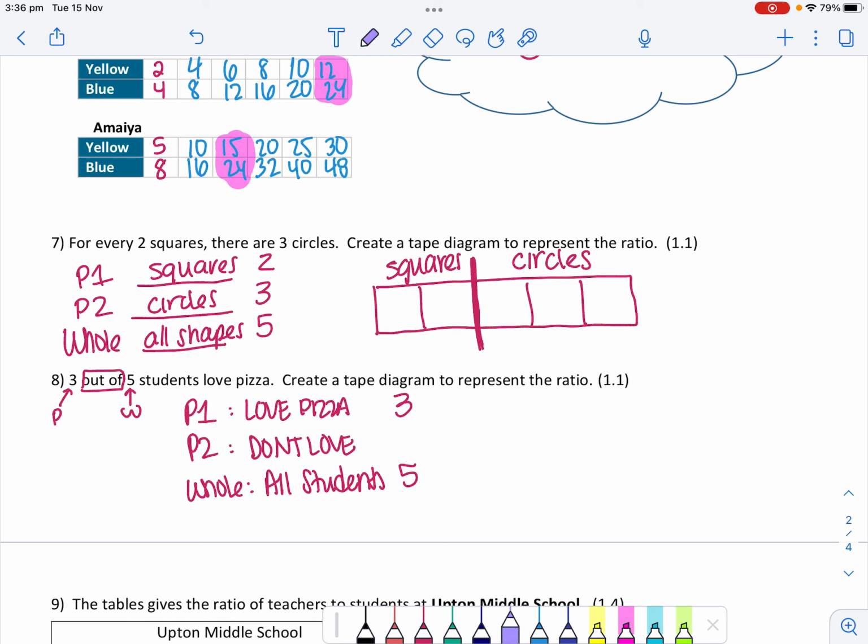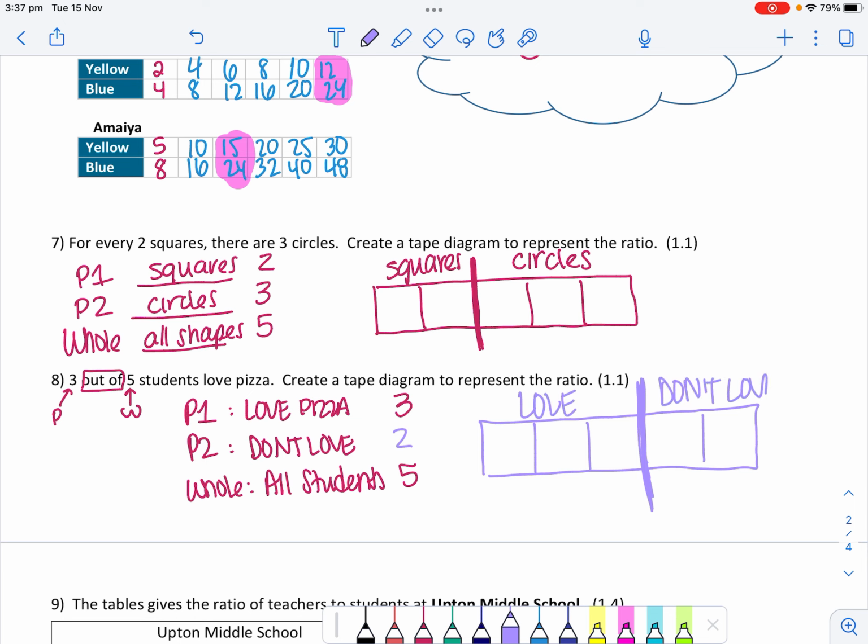That means 2 students don't. My tape diagram is still going to have 5 parts. This time I'm going to break after 3 because these students love pizza and these students don't love pizza. So those are my tape diagrams, part 1, part 2, and whole.